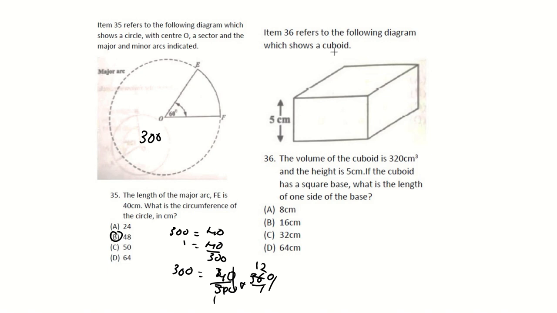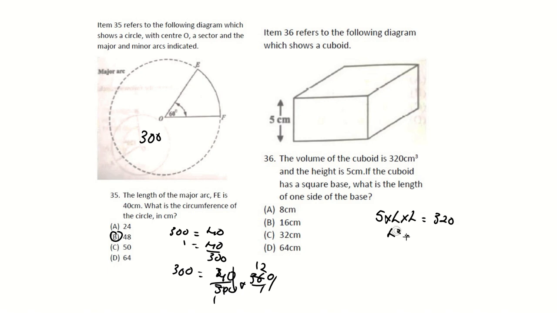Item 36 refers to the following diagram, which shows a cuboid. The volume of a cuboid is 320. We did this question already. It was a variation of this question. They told you to solve the height, and the height was 5, and you had a square base. If the cuboid has a square base, what is the length of one side of the base? So we say 5 multiplied by length squared is equal to 320.